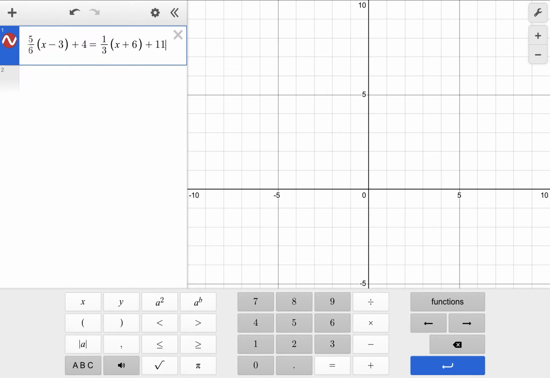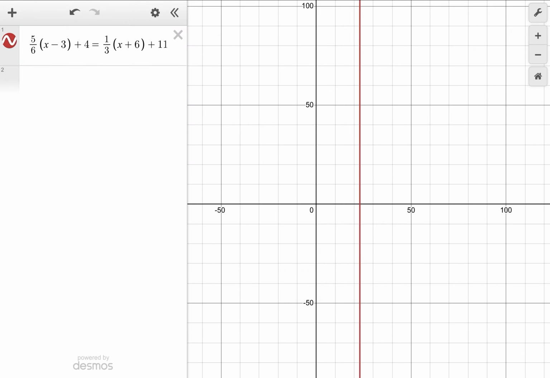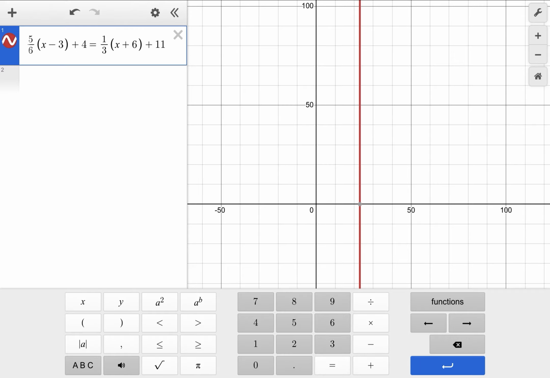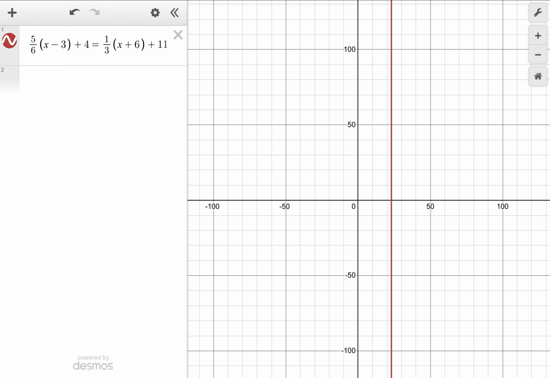So when you type this entire equation into Desmos, you get this one line, and you can see that that line is x equals 23, because it's when all x values are 23. So that's how you know x in this case has to be 23.